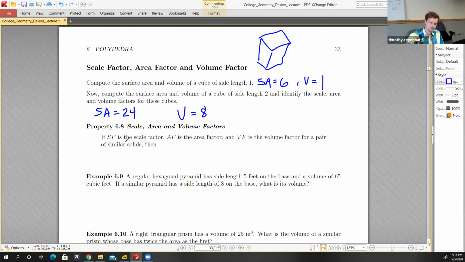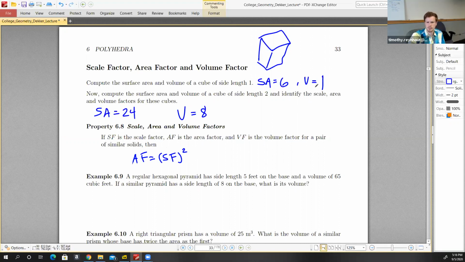All right. So if SF is the scale factor, as we've been working with, AF is the area factor, and VF is the volume factor for a pair of similar solids, then how do you suppose they are related? Well, we already know that the area factor is equal to the scale factor squared.